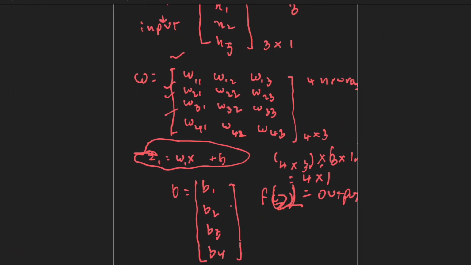The output matrix from the hidden layer, after the inputs are passed, will be 4 cross 1.